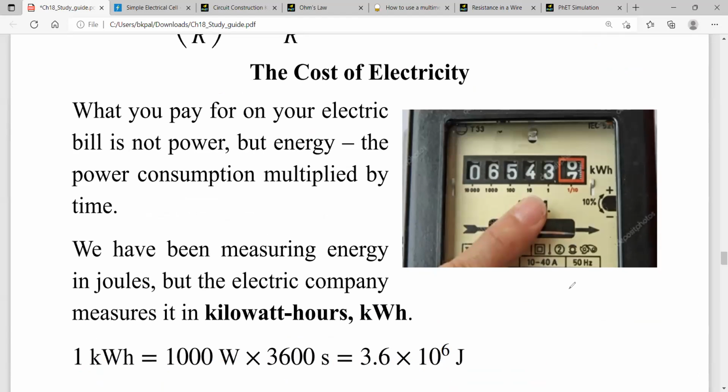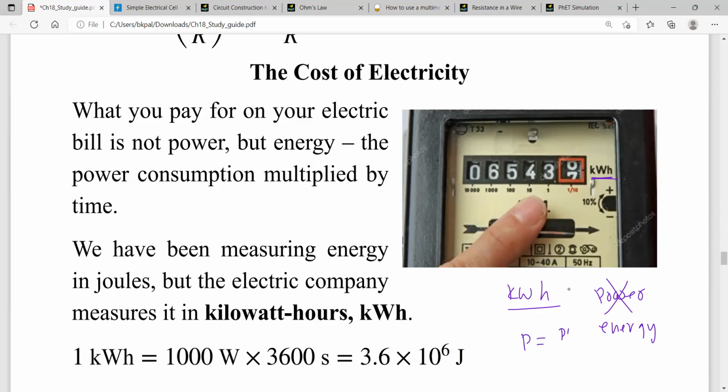Now, the cost of electricity. Here I am showing an electric meter. You see that we pay the bill in terms of kilowatt hour. Kilowatt hour is not a unit of power, because power's unit is watts or kilowatts. It is an energy unit. How is it an energy unit?